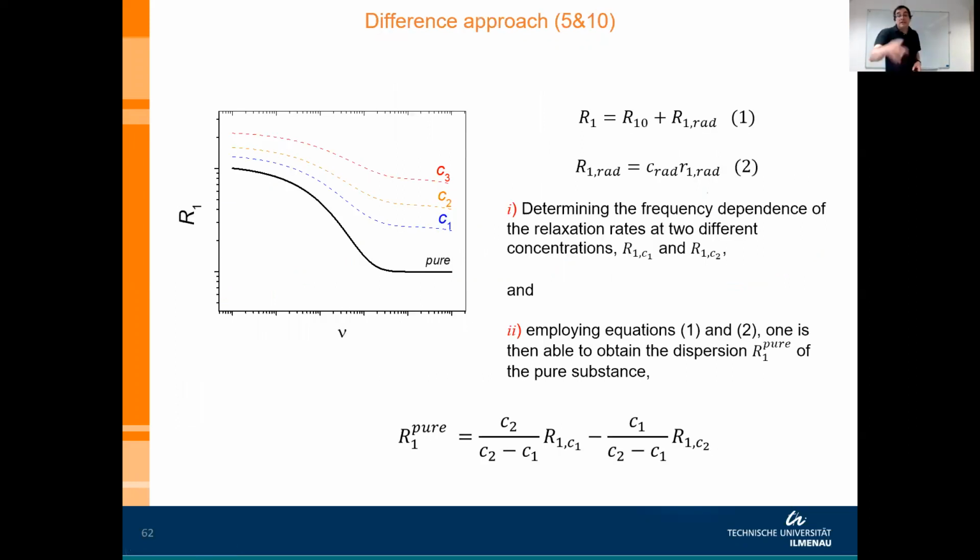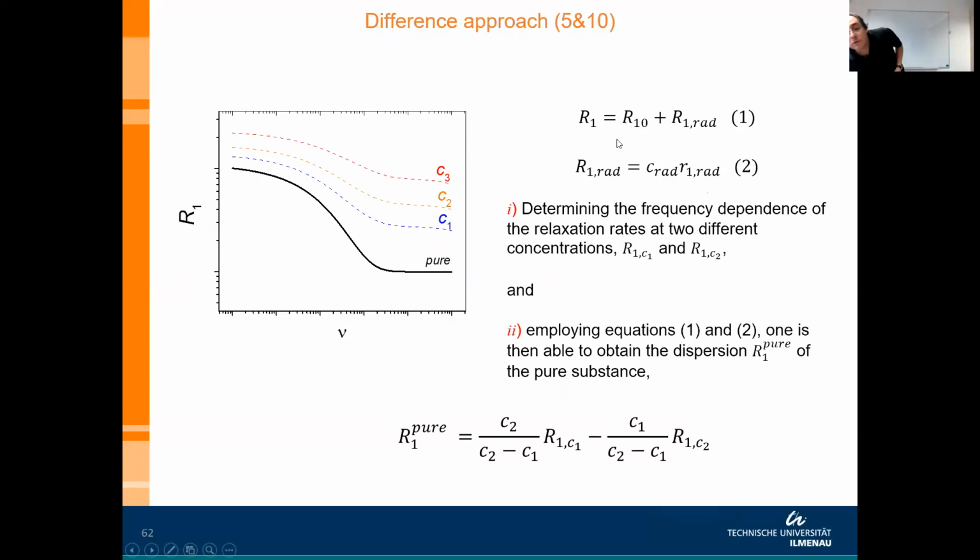And let's see here schematically, you have the relaxivity here very schematically, and then you have the pure substance here, and then you measure different concentrations. Then what is known is that the induced relaxation here due to the radicals is proportional to the concentration of the radical through this equation, at least in the low concentration limit. And then this R1 is the curve that we know already.